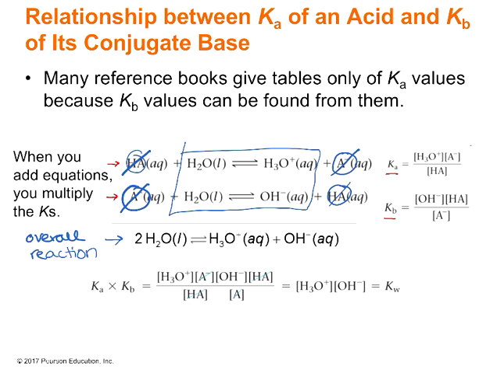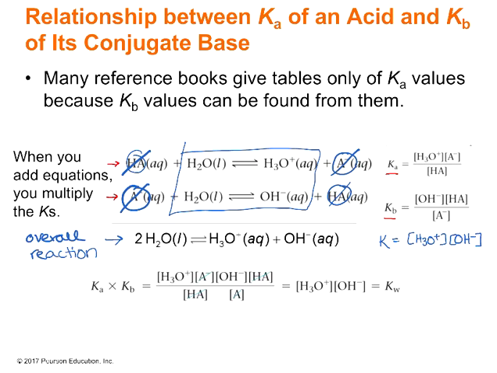Now, if we write the expression for that reaction, we would find that it's equal to the concentration of hydronium ions times the concentration of hydroxide ions, because again, we don't include pure liquids in our equilibrium expressions.